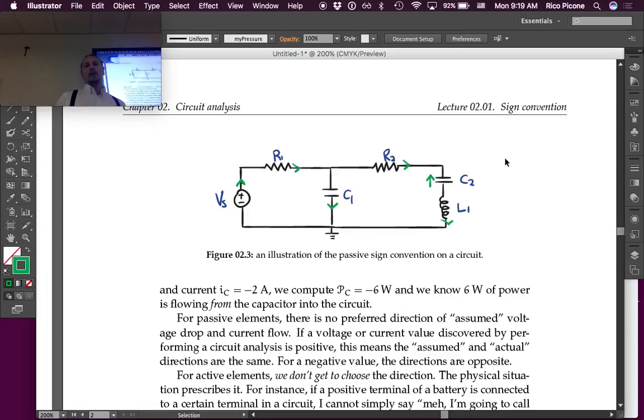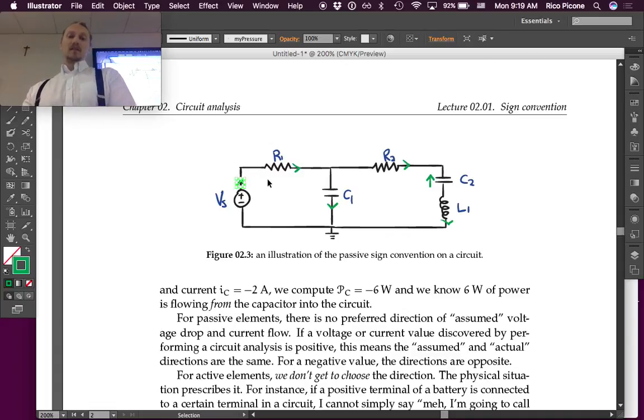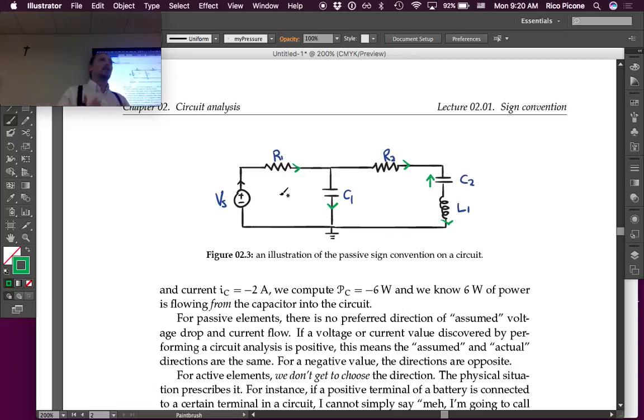Okay, so that is the sign convention. You can label these any way that you want, but you cannot do it this way. You can't point down on the assumed current flow direction from the source. And why is that? Because the sign is already established for the source, right? The source is actually something that we can't change the sign of.